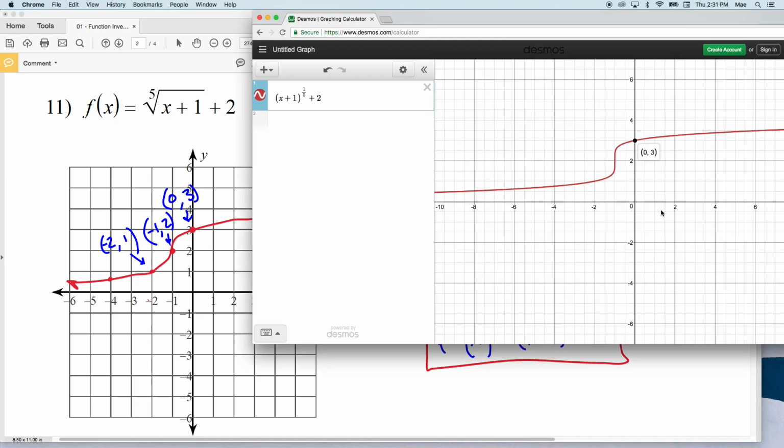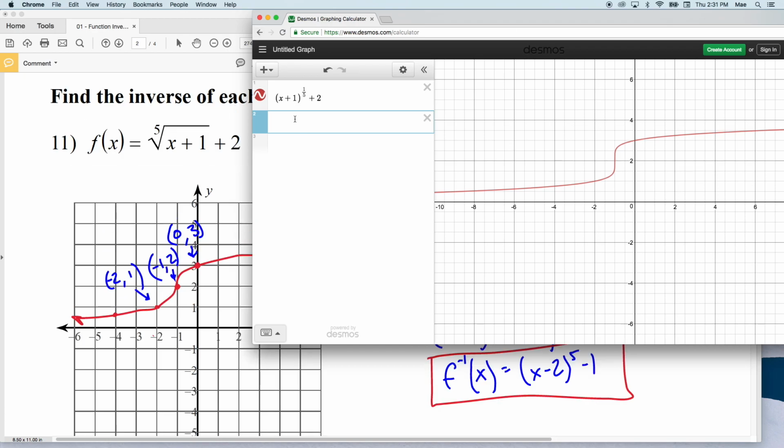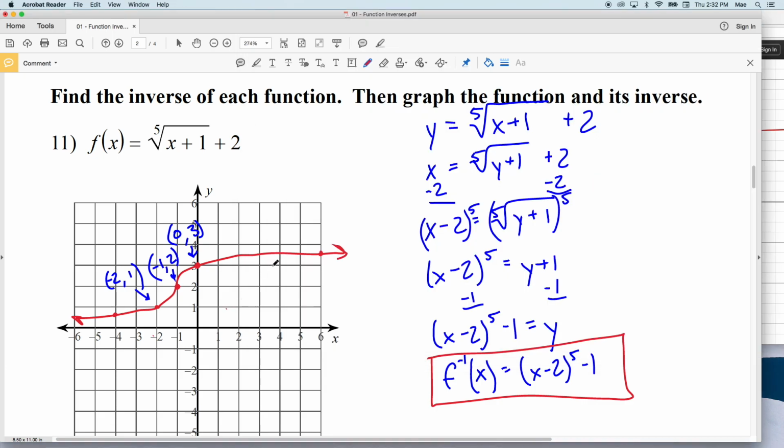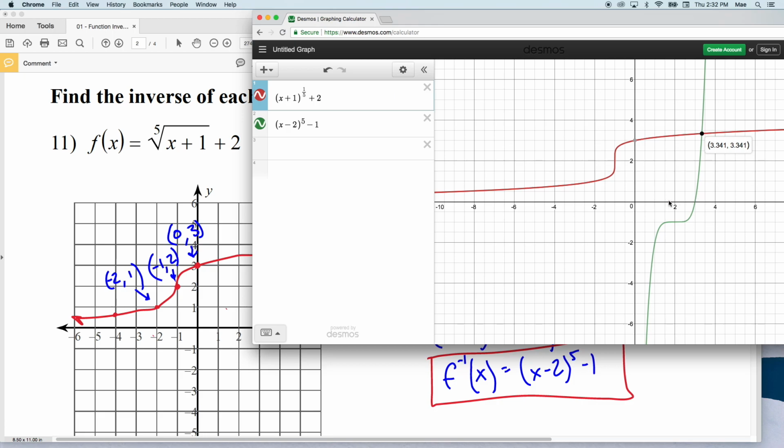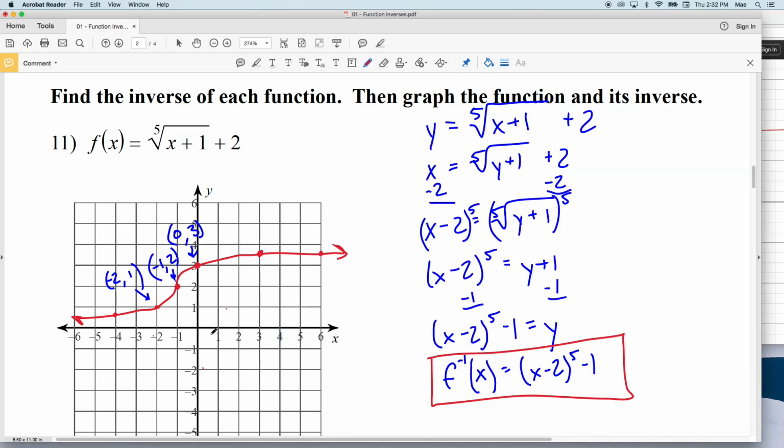Now let's graph the inverse of this function. So on my graphing calculator, I'll write my inverse, which is x minus 2 to the fifth minus 1. The intersection point is 3.34, 3.34, so roughly 3.3 and 3.3. Now you can see that we have points 3, 0, so 3 in the x, 0 in the y.